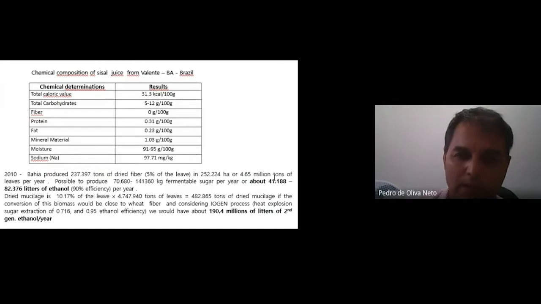So if we combine the sugars from the juice and from the fiber mucilage without the juice, we have 190 million liters of ethanol. It's possible to produce this amount of ethanol by second generation technology from these plants in a semi-arid area, a very poor area, helping people that need these technologies.